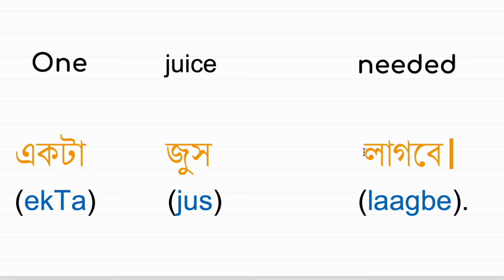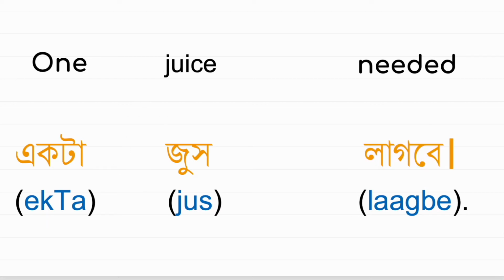Now, the most important expression that we need to remember for today's class is the word lagbe. If we want to say something like I need juice or I need a glass of juice, then we might say ekta juice lagbe. The word lagbe is very frequently used in Bangla, and when you want to say that you need something, you will use this word lagbe, which means will be needed.